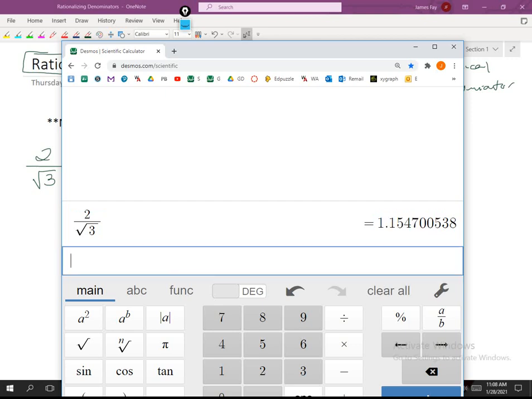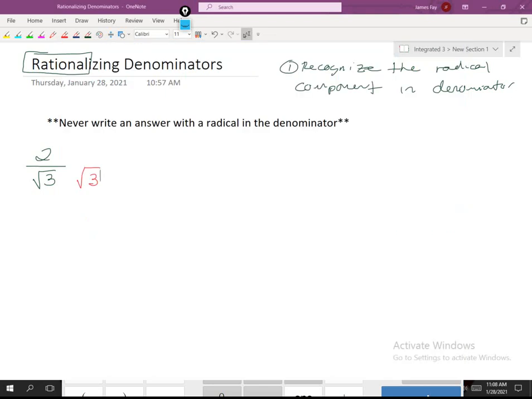Well, if I just multiply the bottom by radical 3, what's radical 3 times radical 3? Not 1. Remember, if we're multiplying radicals, we multiply the numbers on the outside, and then we multiply the numbers on the inside, so it would be 9, which is going to reduce then to 3.